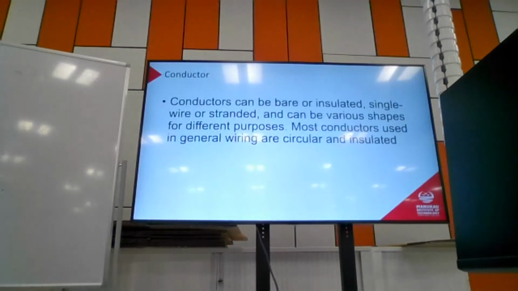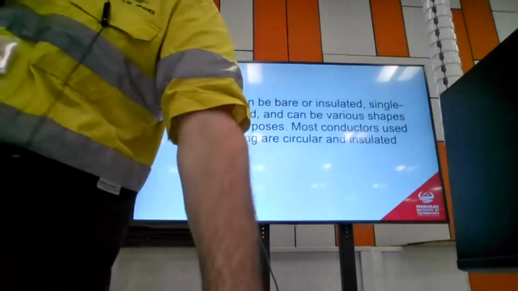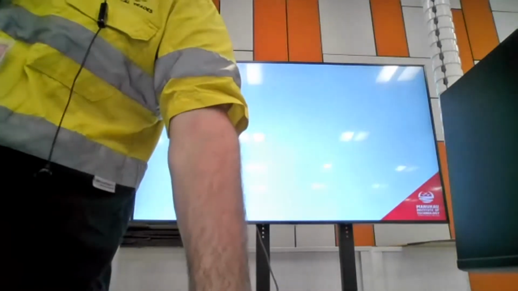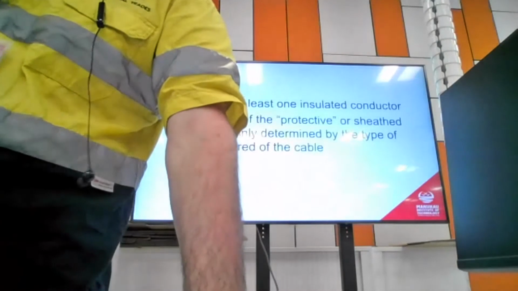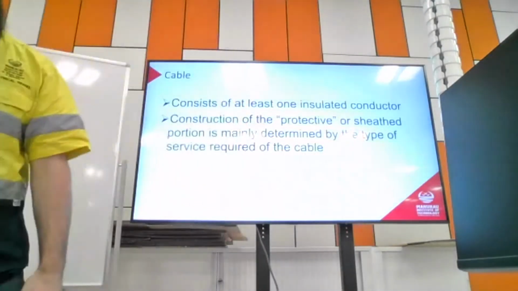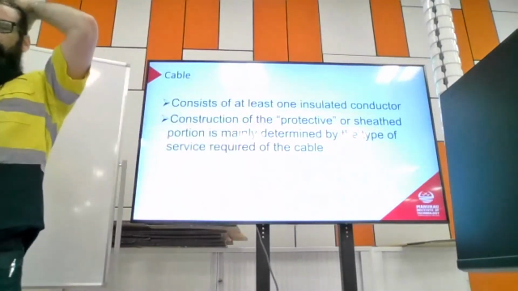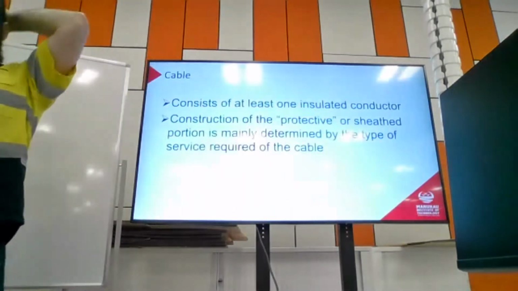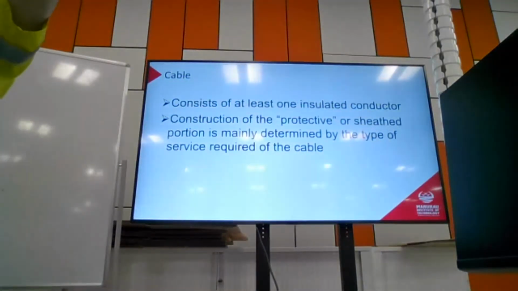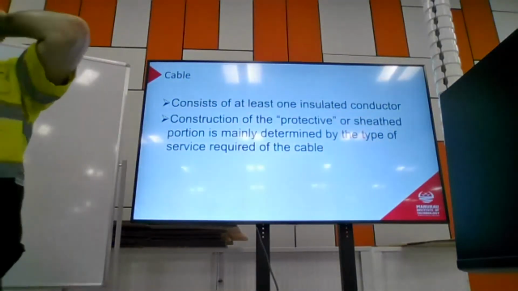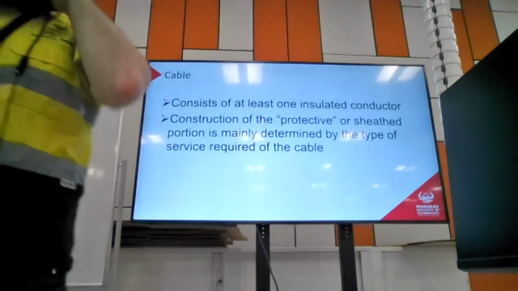Okay, conductors can be bare or insulated, single wire or stranded, and can be various shapes for different purposes. Most conductors used in general wiring are circular and insulated. A cable consists of at least one insulated conductor. Construction of the protected or sheathed portion is mainly determined by the type of service required of the cable.